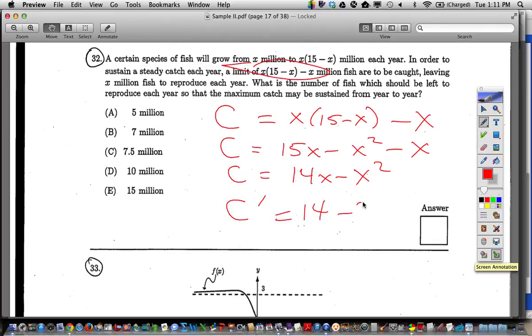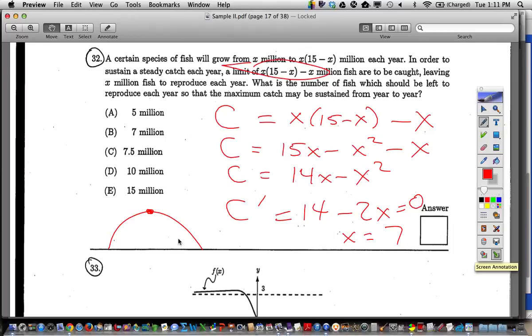So we do the derivative, set it equal to 0, and we get x equals 7. Since we know it's an upside down parabola, that is going to be the maximum, so I assume that was the right answer. It sounds like a much more difficult problem than it really is. It's just a matter of getting through all the words there. Okay?